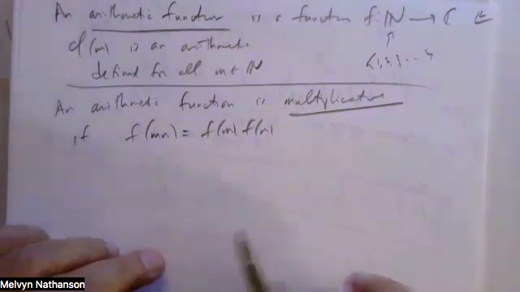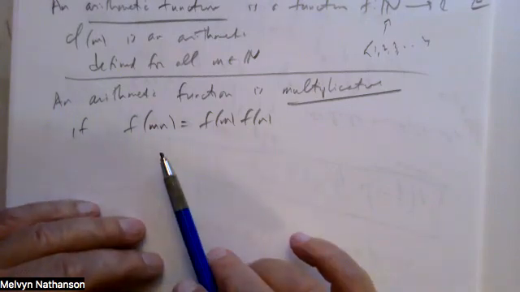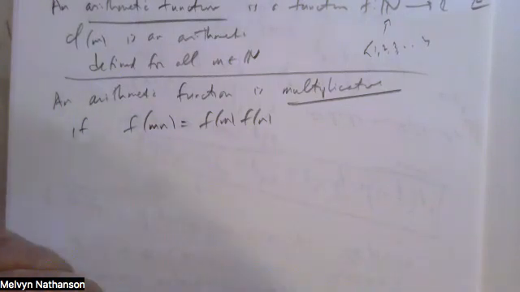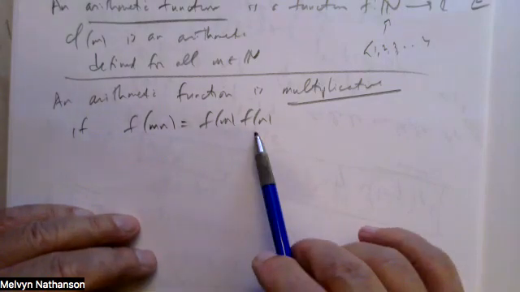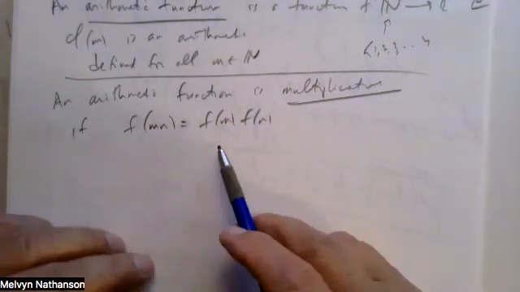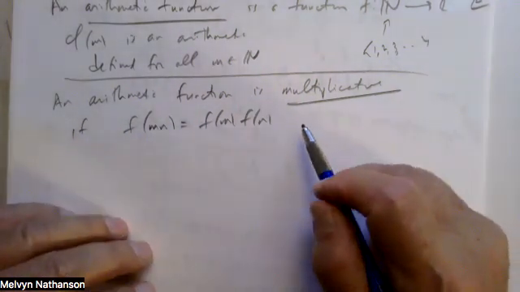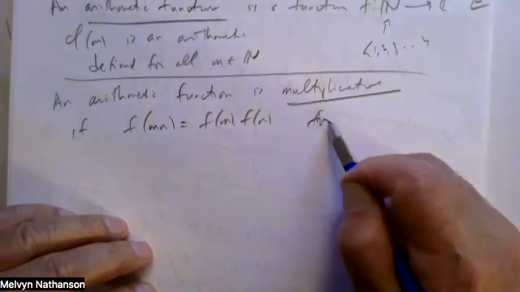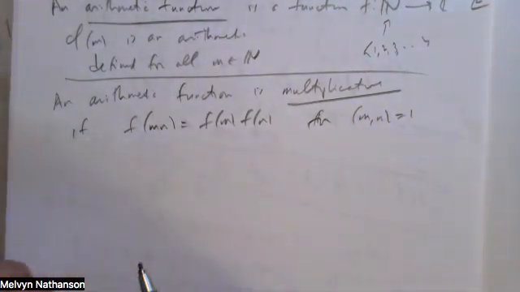Now, if this were all there were to the definition, and it's not, this would be something like a homomorphism in algebra. So if f of mn were equal to f of m times f of n for all positive integers m and n, that'd be very nice. But a multiplicative function has to satisfy this condition not for all pairs, but only for some pairs, whenever m and n are relatively prime.